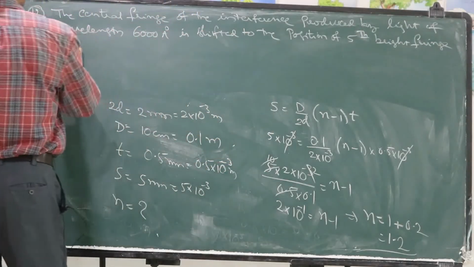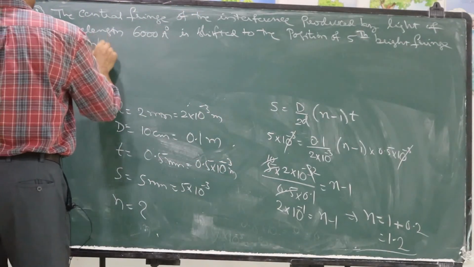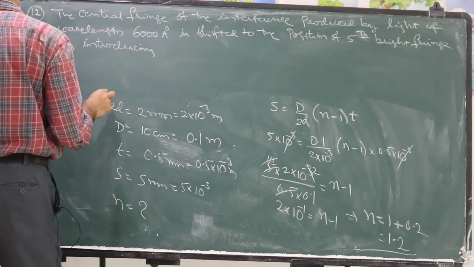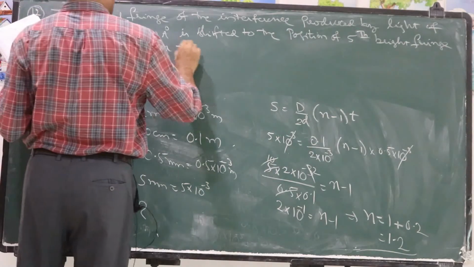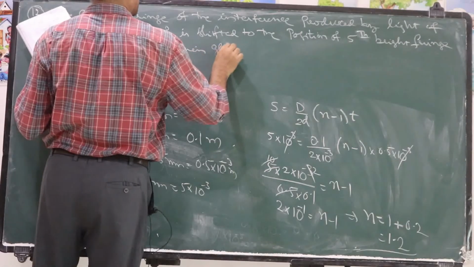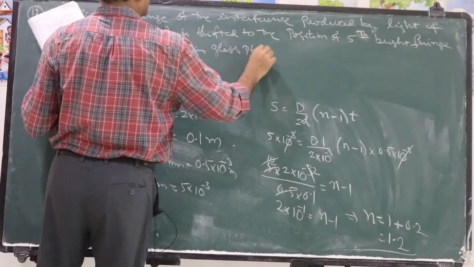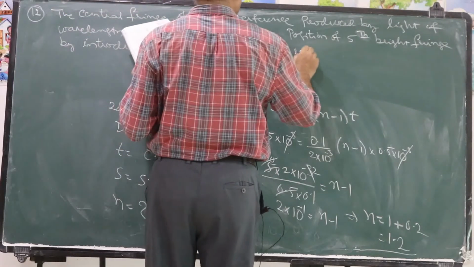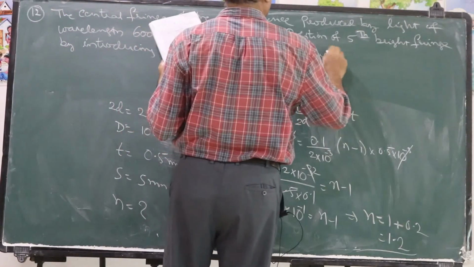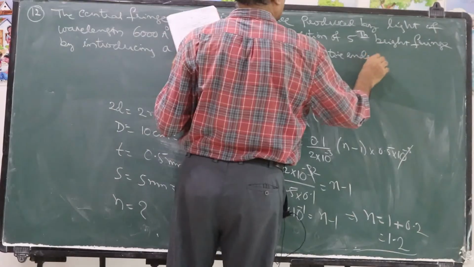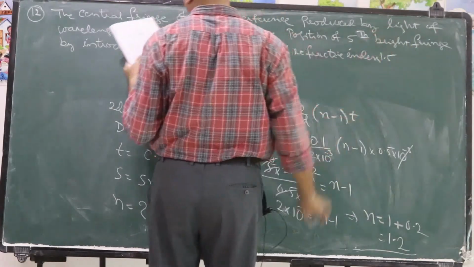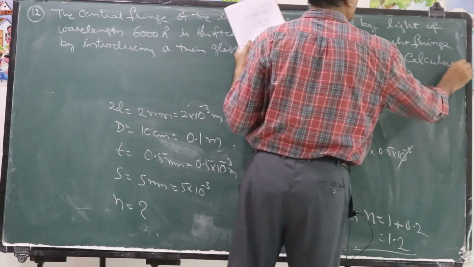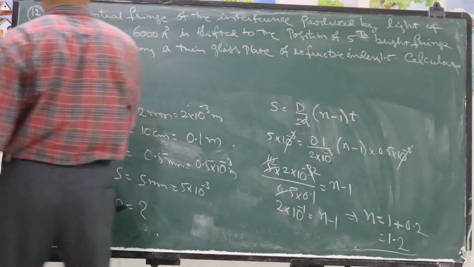By introducing a thin glass plate of refractive index 1.5, calculate the thickness of the glass plate.